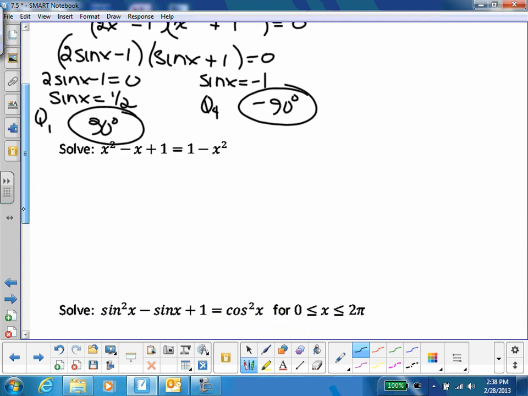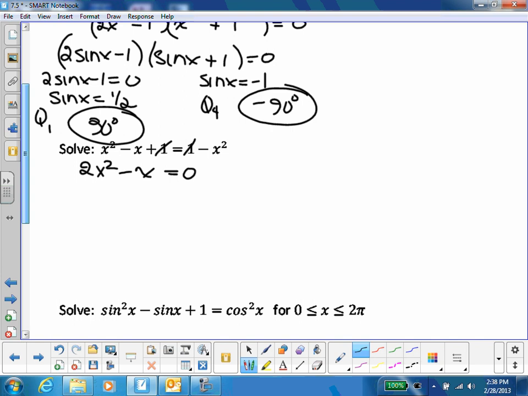All right. So look at this next equation that I give you. If I ask you to solve, mathematically, what did you learn? What have you learned how to do? Because you have to set it equal to 0 in order to solve. So therefore, this would give me 2x squared minus x, and my 1's are going to drop out, equals 0.